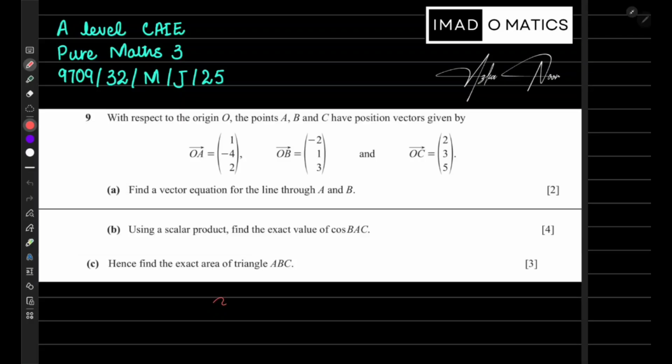First of all, what is the standard form of a vector form of an equation of a line?